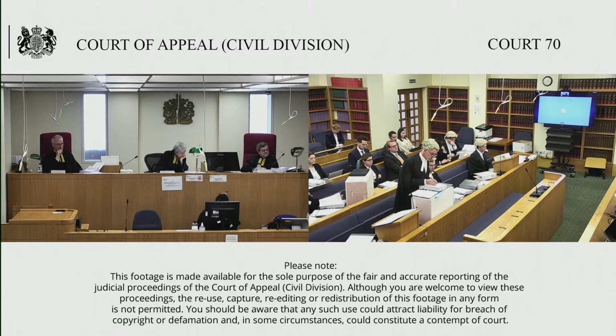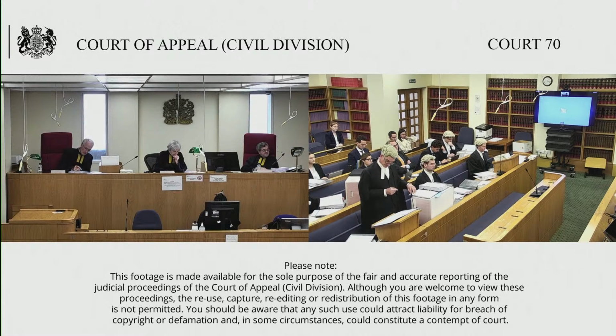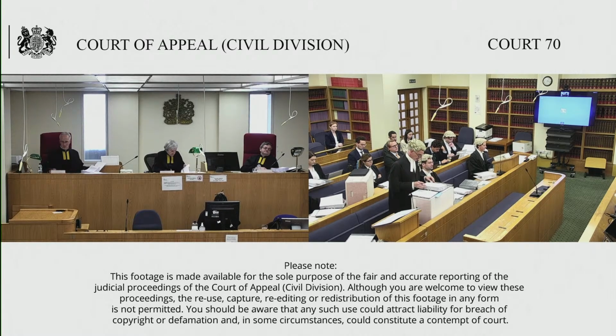It contends that there was no jurisdiction for the SFO to issue the notice requiring the production of material held by it outside the UK. That is what had then led to the application for judicial review.